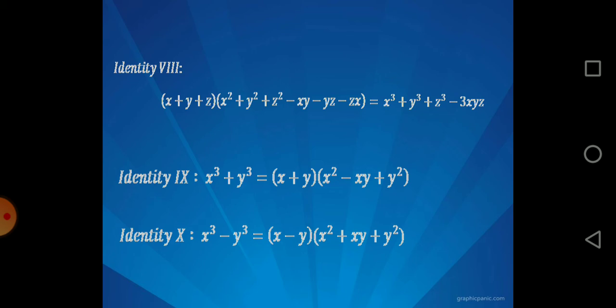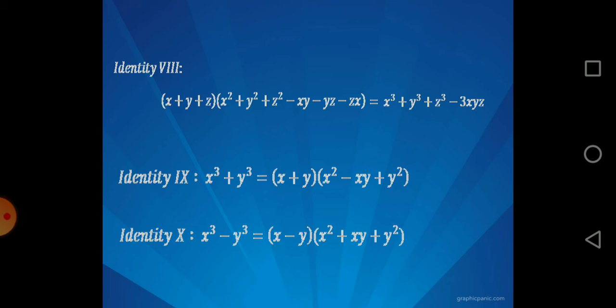See children, in this identity, when x plus y plus z is 0, then the whole LHS is 0, since 0 into the other bracket will also become 0. So the whole LHS will become 0, and minus 3xyz will go to the other side and become plus 3xyz, so x cube plus y cube plus z cube is equal to 3xyz.